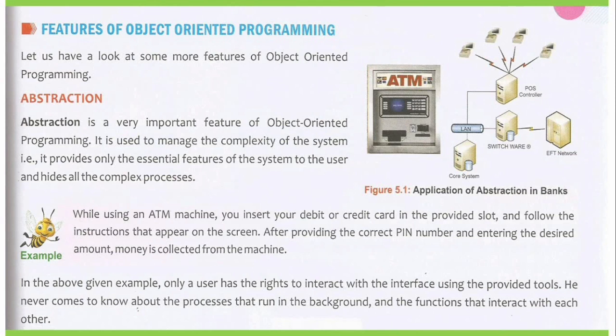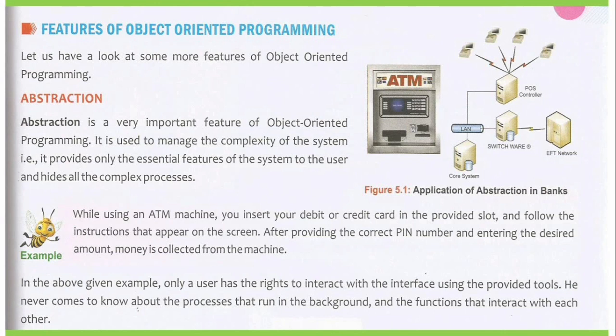For example, if I talk about an ATM machine, I bet you must have used an ATM machine, or at least you have seen your parents use the ATM machine. When you go to an ATM machine, it is a very complex machine. Inside that machine are very complex parts.